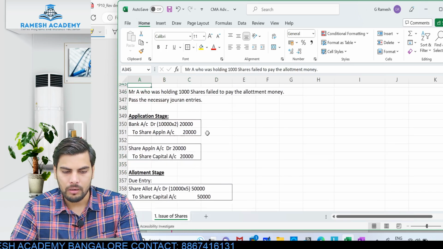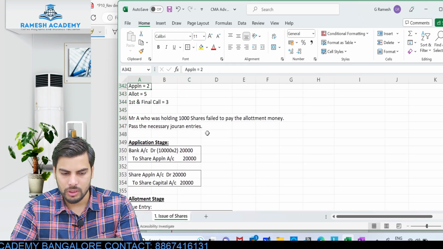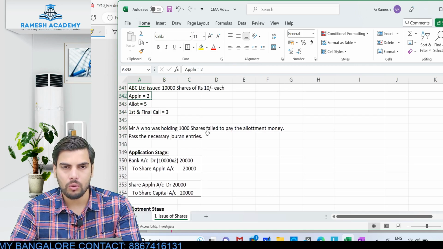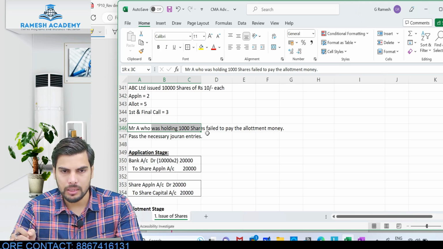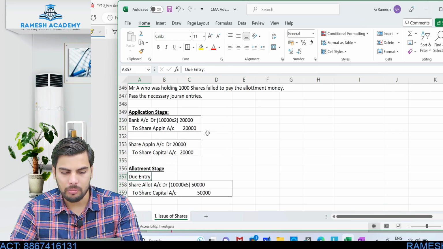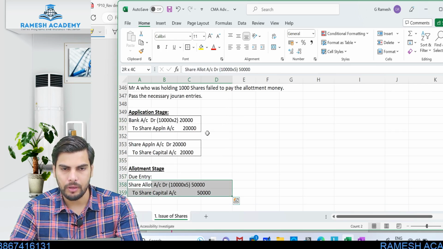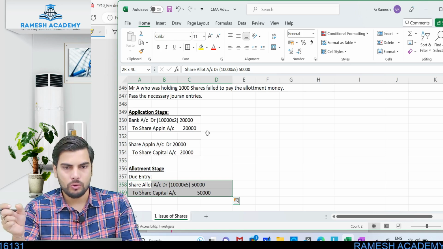Now what happened? Out of the 10,000 shares which I had issued, one of the shareholders, Mr. A, who was holding 1,000 shares, did not pay the allotment money. Totally I was supposed to collect allotment money of 50,000, that is 10,000 shares into 5 rupees.